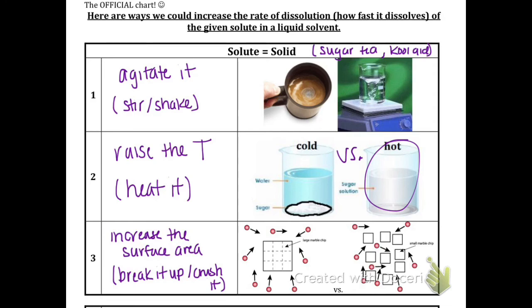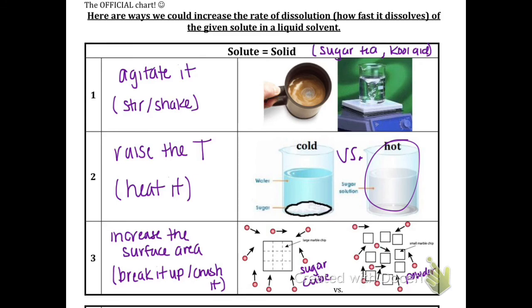So if you have like a sugar cube, right? This is like a sugar cube. What can you do to the sugar cube to make it dissolve faster in your tea? You can always break it up into like small powder. So the smaller it is, the easier it is to dissolve.